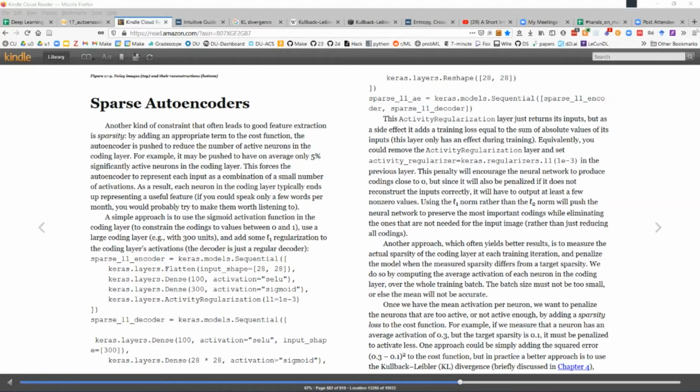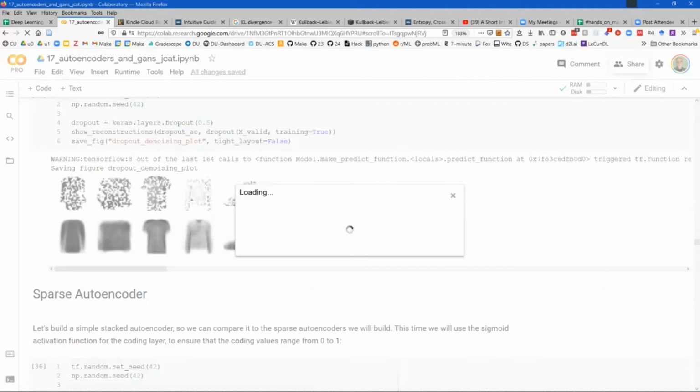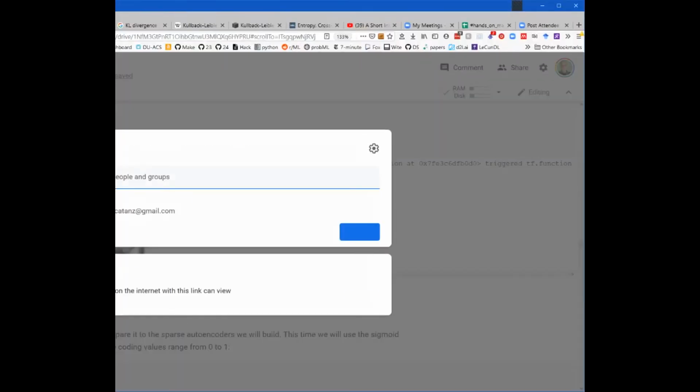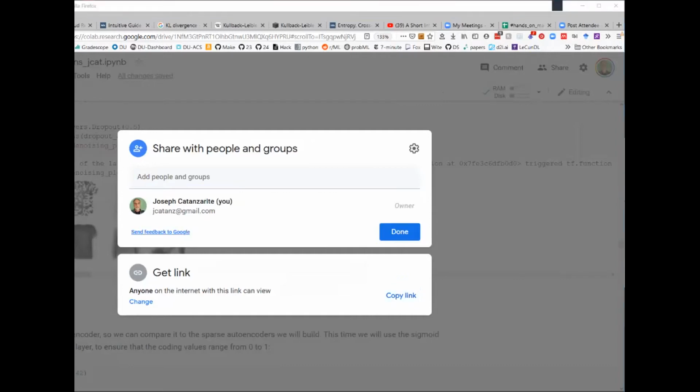Great. And if you finish reading early, then go ahead and play with the chapter, the notebook. I put it on Colab. I guess I can share my version. You probably have your own version already, but if you don't, you can just share mine. It will be in the chat here.